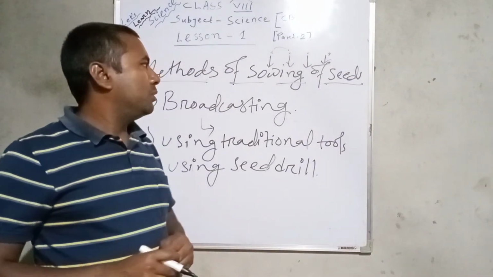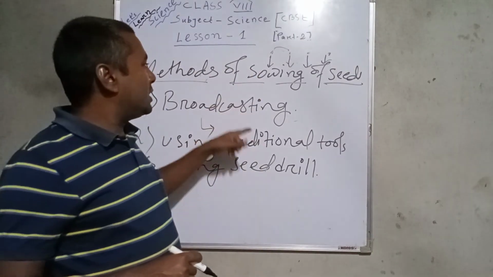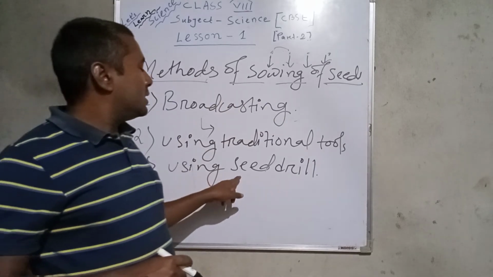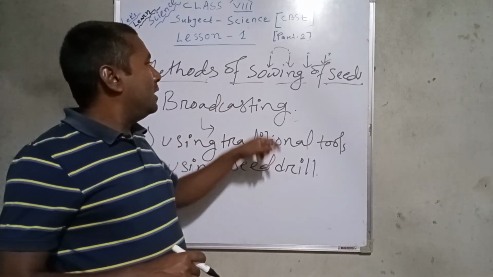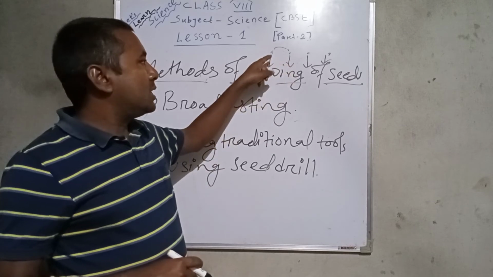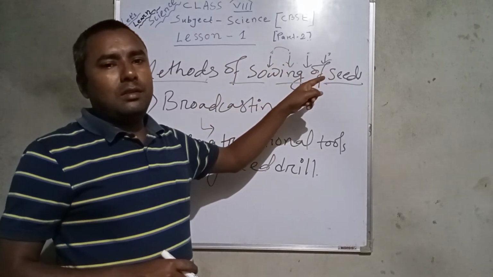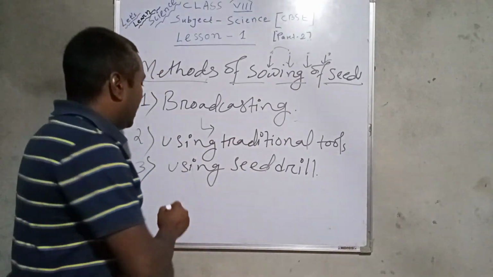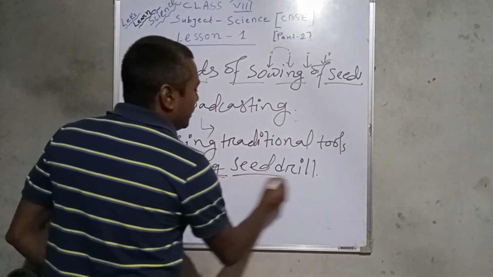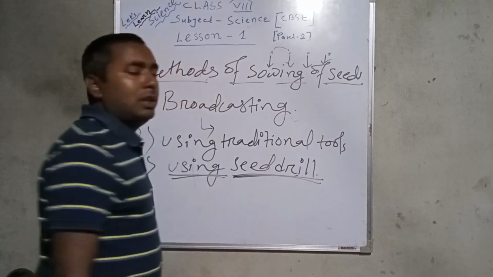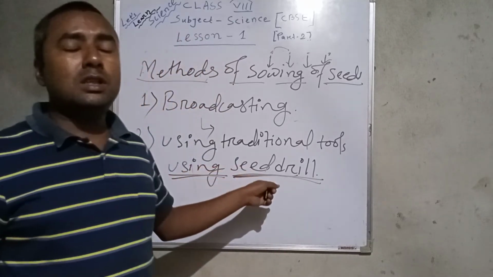For example, I have told. Understood? So that means while sowing the seed by using seed drill, equal distance is maintained as well as appropriate depth is maintained. That's why nowadays this method of sowing seed, that is using seed drill, is widely used.